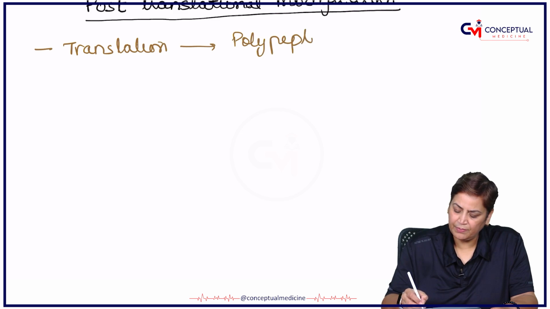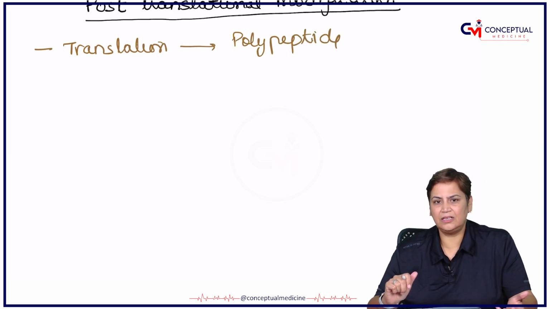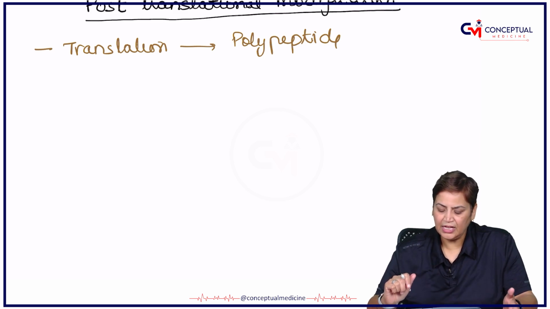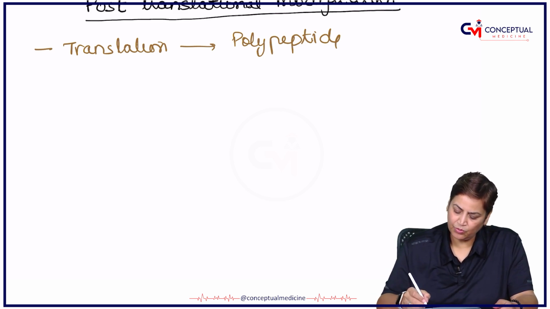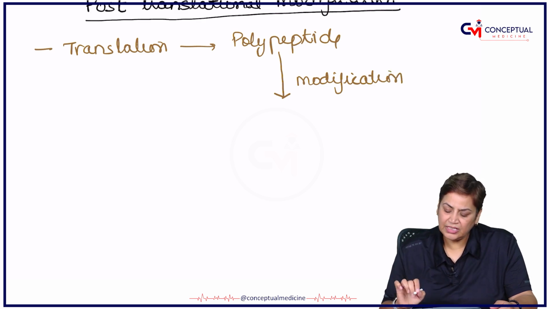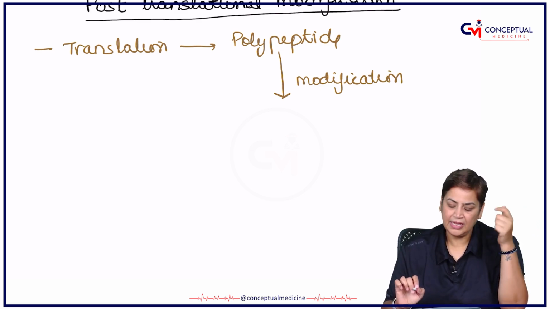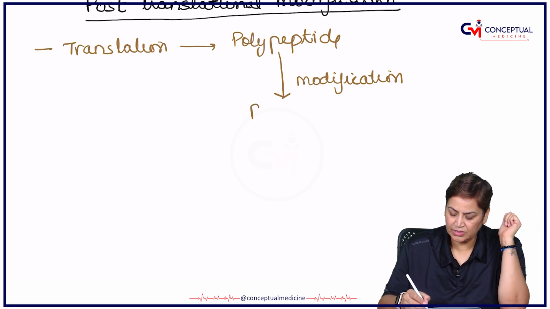Examples are collagen and peptide hormones. Whatever polypeptide is produced has to undergo modification. Once a polypeptide is produced, this modification is known as post-translational modification.